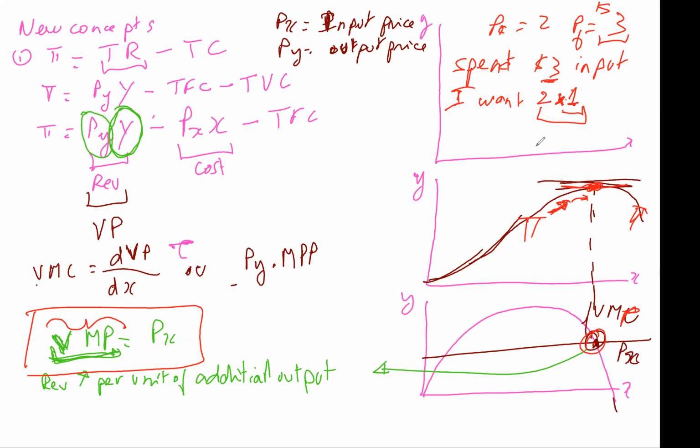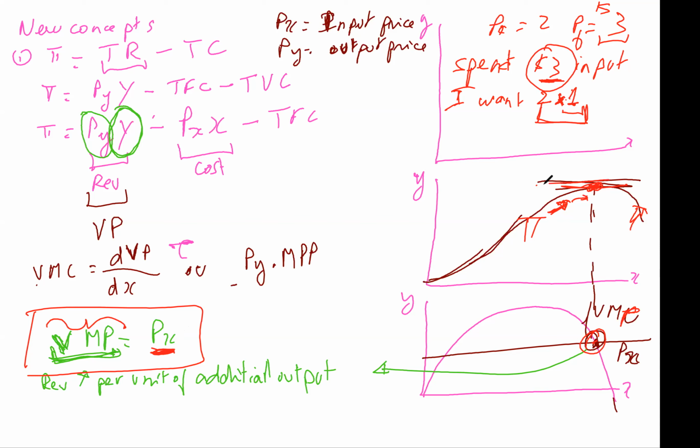Do I want to produce there? If I spend $3 and get a revenue of $2, is that good or bad? You don't want that, right? And so you want what you are spending, the $3, the PX, to yield at least as much as you spend.